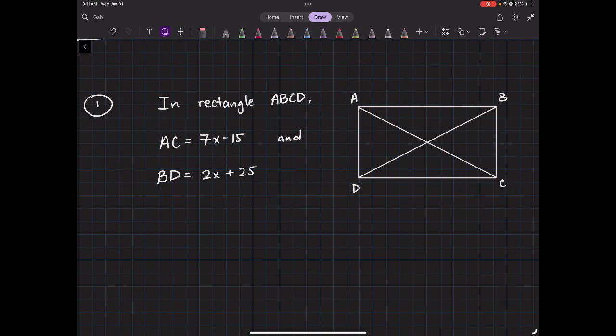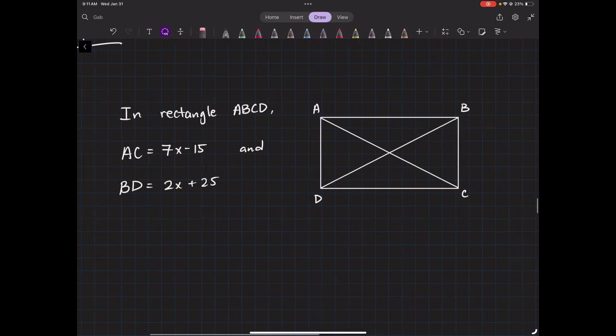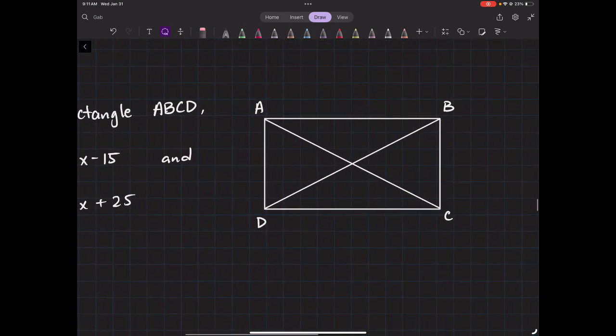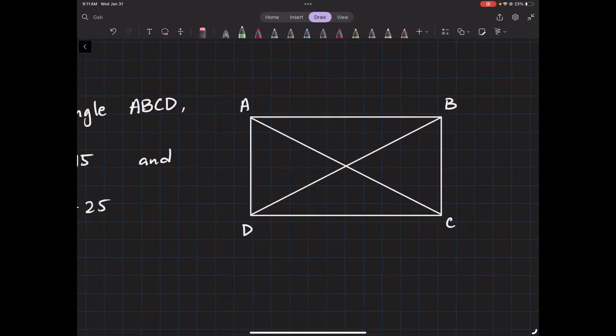Okay, so let's do this one. They tell you AC is 7x minus 15. I'll write it down, so it might be a little messy. This is 7x minus 15.